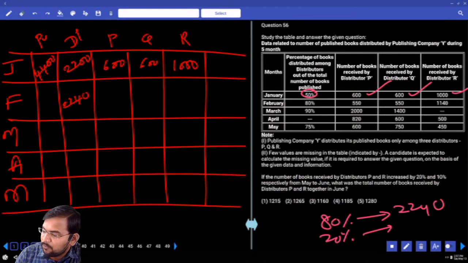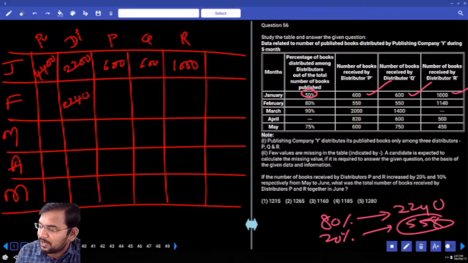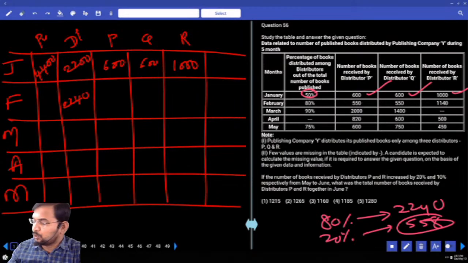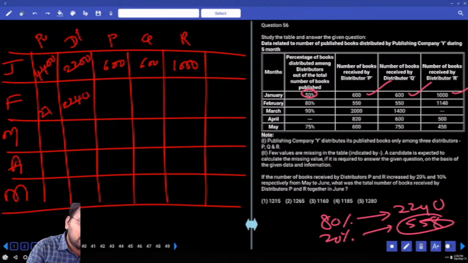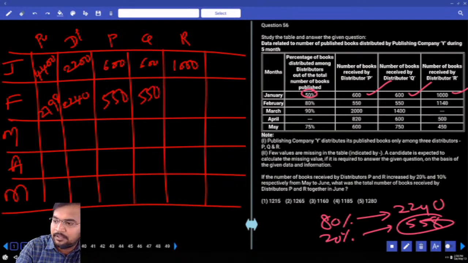Now add 558 to 2240, 2700, 2798. 550, 550, 1140.